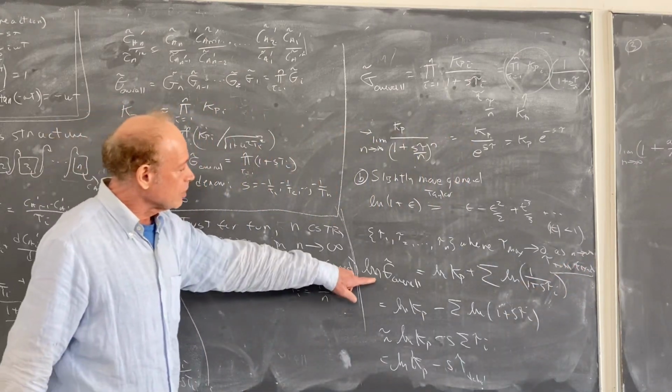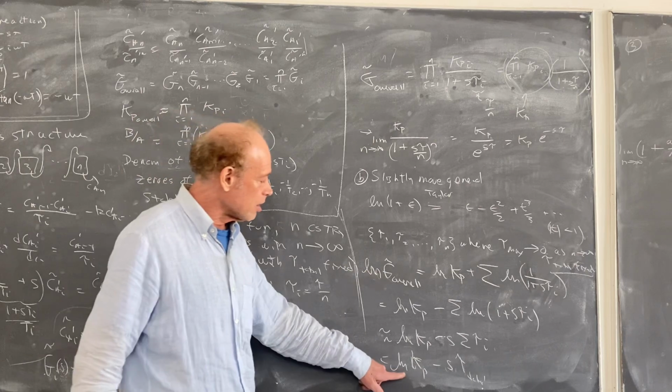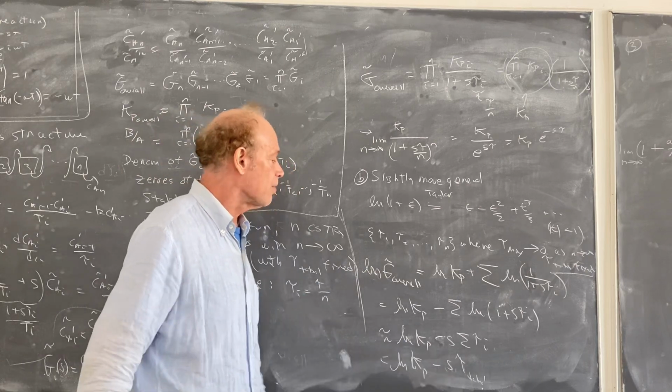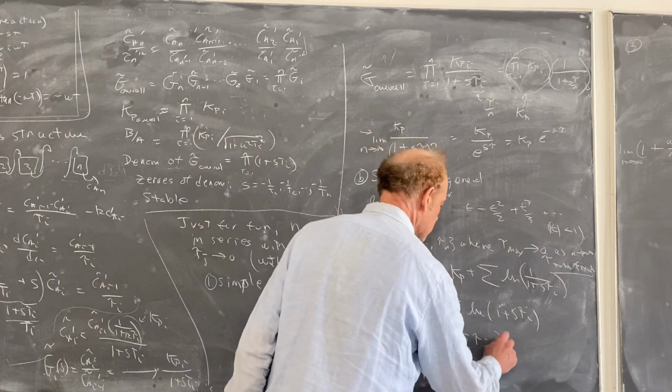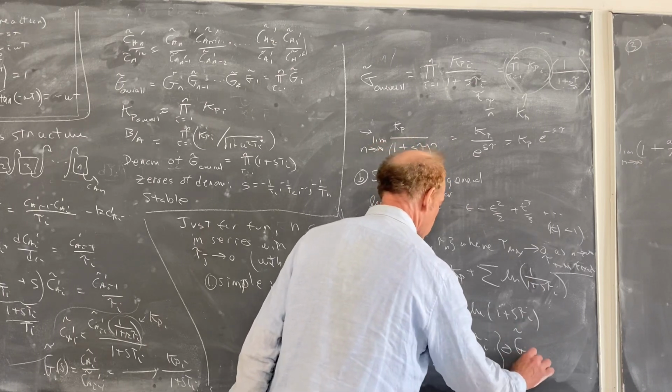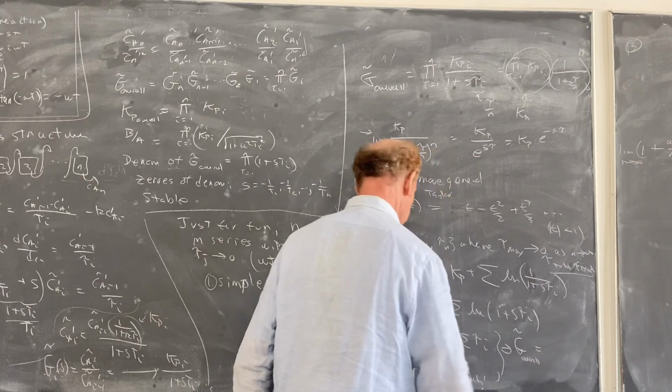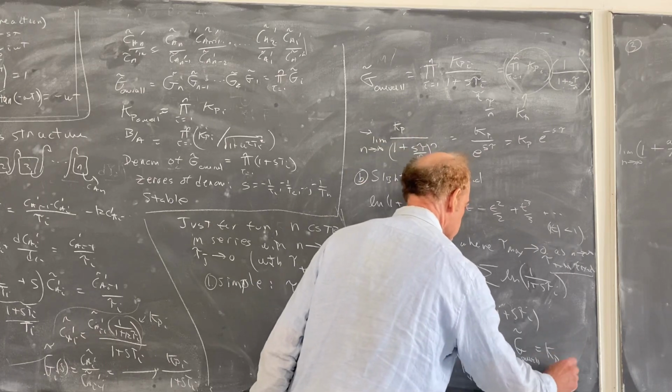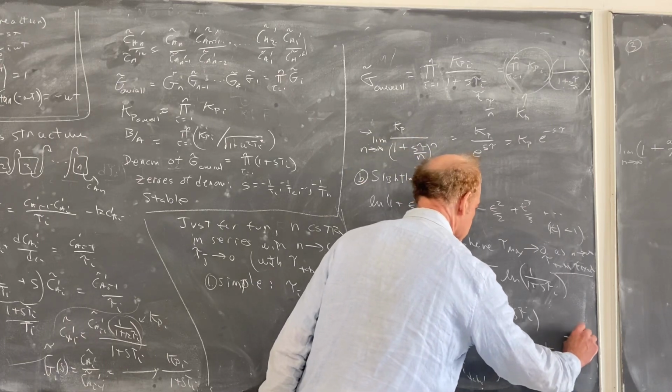So now I have log of G tilde is the log of Kp minus s tau. So that again tells me that G tilde overall is equal to Kp e to the minus s tau total.